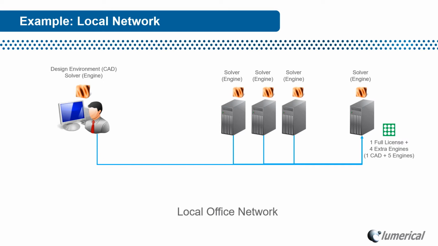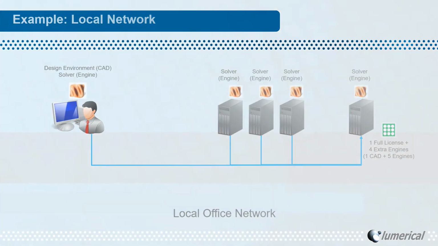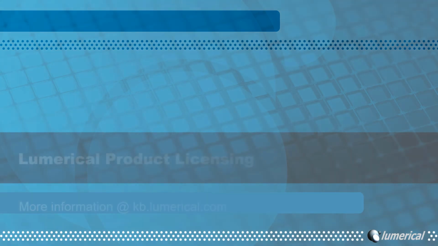When the CAD starts, it will communicate with the license manager to check out the license to open the design environment. Each of the 5 computers will also communicate with the license manager to check out the license to run the simulation engine. With 5 engine licenses, he'll be able to run up to 5 simultaneous simulations on all 5 computers at the same time.